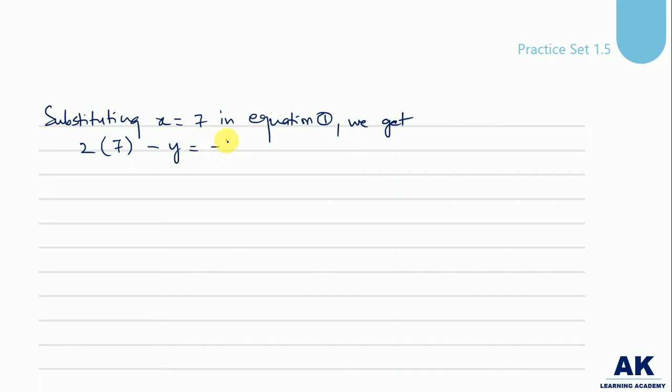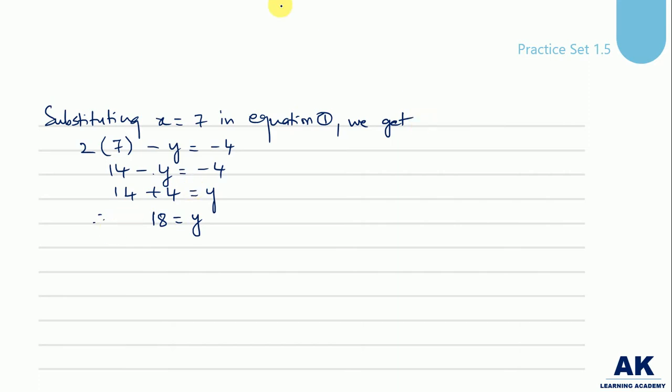Minus 4, right? Therefore 2 into 7 is what? 14, minus y is equal to minus 4. Therefore 14 minus y, minus 4 becomes plus 4, and minus y becomes y, right? 14 plus 4, it is 18, which is equal to y. Therefore y is equal to 18, right?